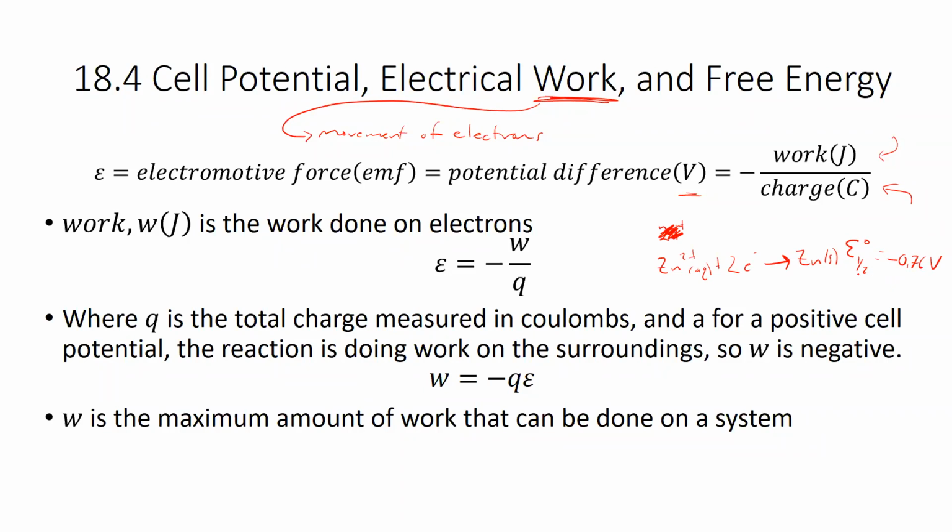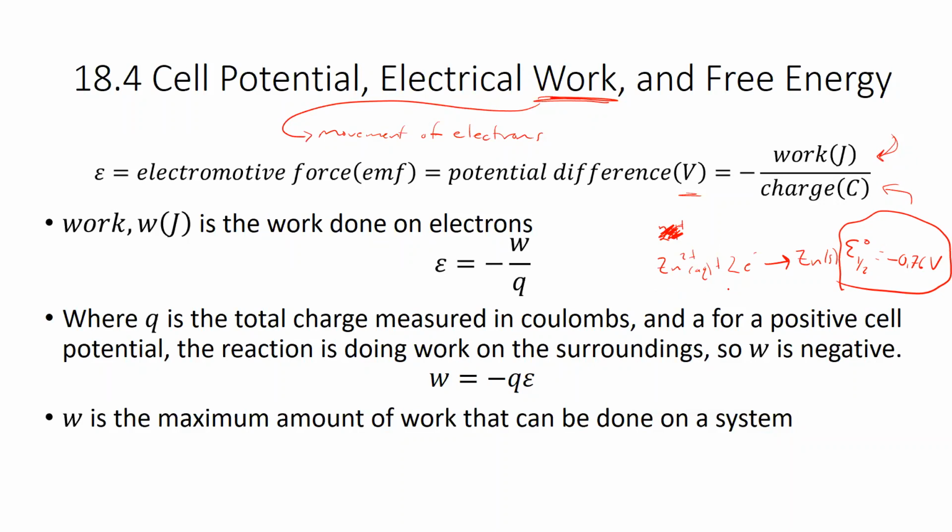Now, when you combine two reactions, it doesn't matter how many of these reactions you have, it's always going to have this same cell potential. Because if you look at the units we're dealing with, that half cell potential is in terms of volts, which is the work that you do per unit charge.